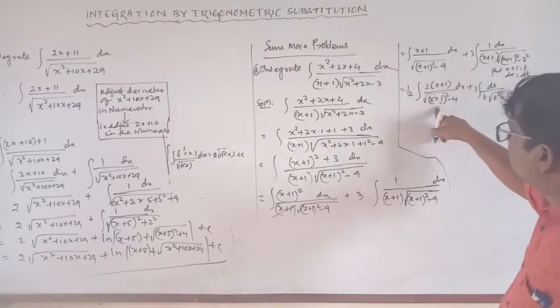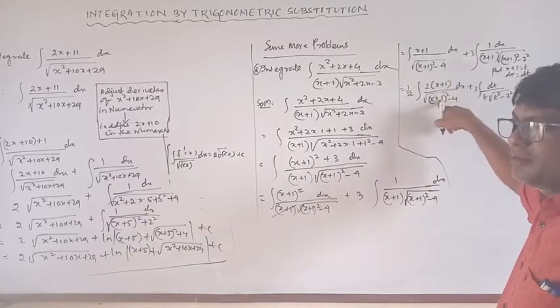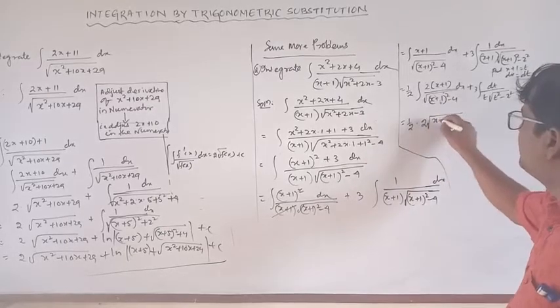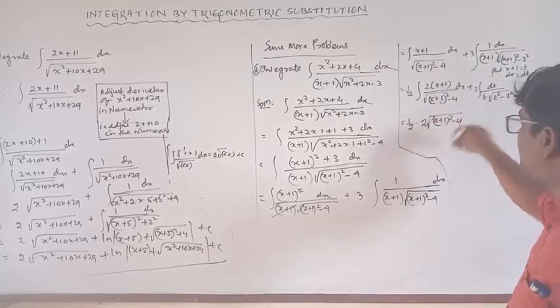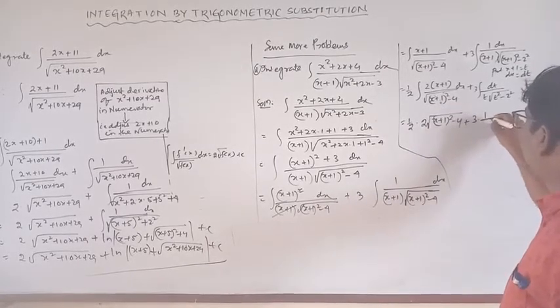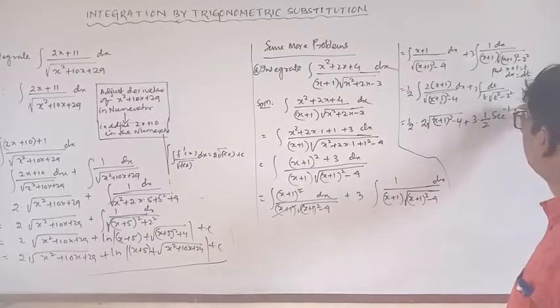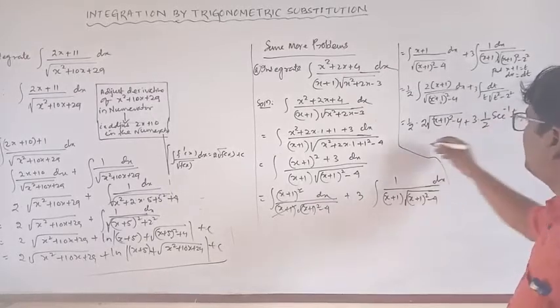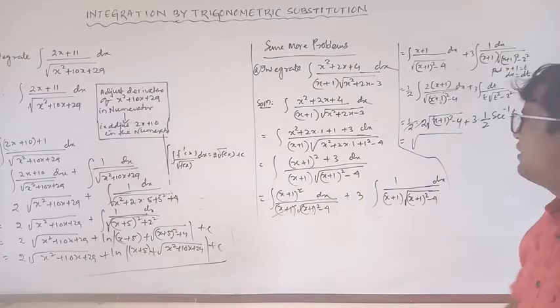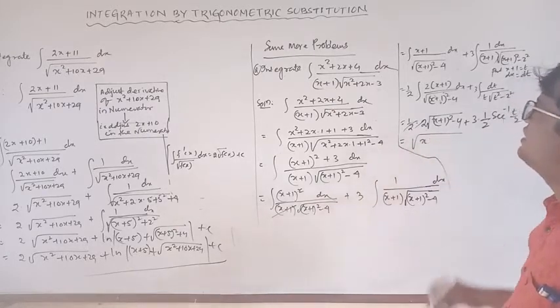The formula f dash x by root of f x, 2 into 1 by 2 into 2 into root over this method, (x plus 1) whole square minus 4. This is 3 into 1 by 2 into sec inverse t by 2 plus, and 2 to cancel. Expand this, we will get x. What is this?